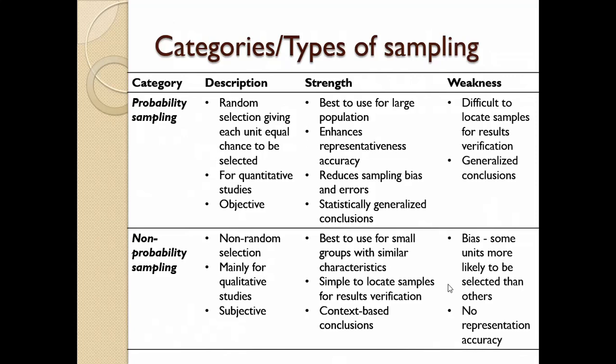The strength is that the conclusions are context based, but the problem is that you can only deal with small groups, and the other weakness is that there is some bias because some units are more likely to be selected than others.